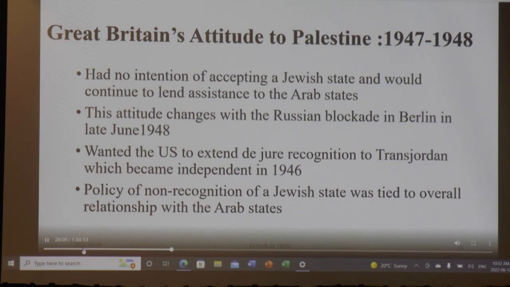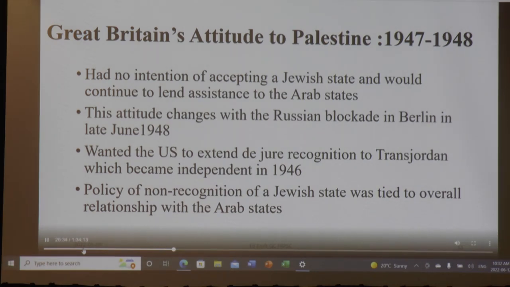Great Britain's position with respect to the creation of a Jewish state and the support of one changed as the Russian blockade in Berlin occurred in June of 1948. But what Great Britain was very interested in trying to achieve was to have legal recognition extended to Transjordan, which had become a country, a sovereign state, in 1946.